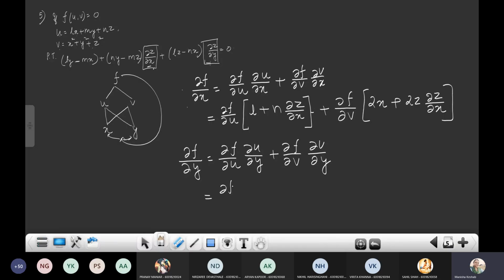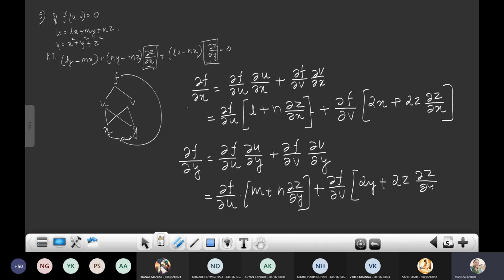So this will give us del f del u into del u del y. So what is del u del y? It will be m plus n into del z del y, plus del f del v into v with respect to y. So it will be 2y plus 2z into del z del y. So from the tree diagram ये हमें मिलता है. So now we have written that.